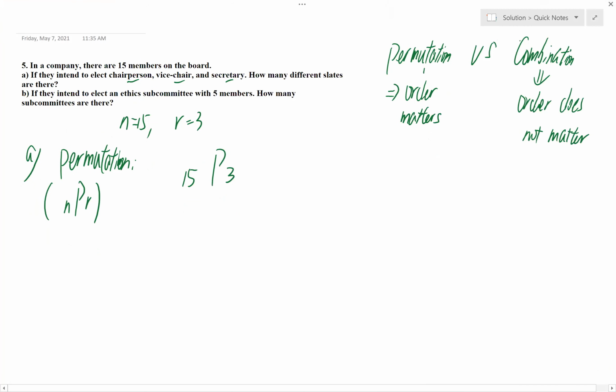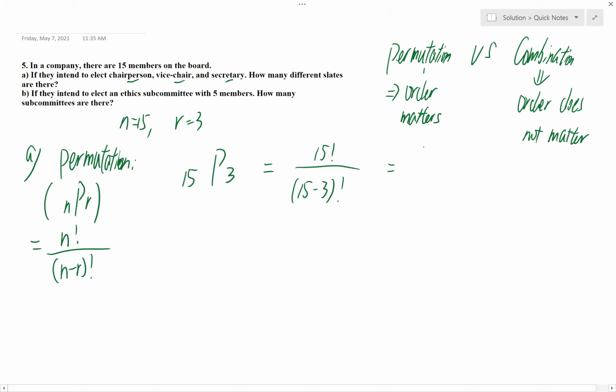So let's say you want to do it by hand, that's doable for this type of question. So I'm going to do it by hand. So this is basically n factorial over n minus r factorial. So here will be 15 factorial over 15 minus 3 factorial.